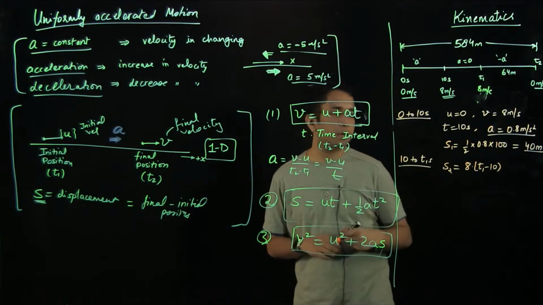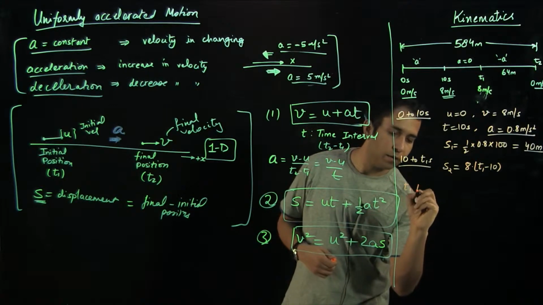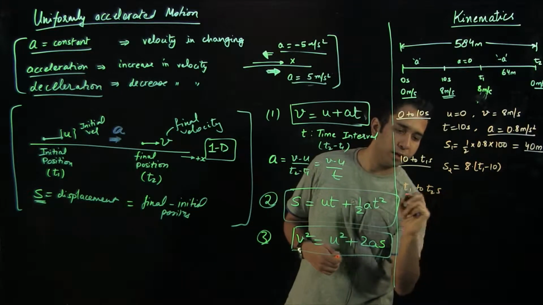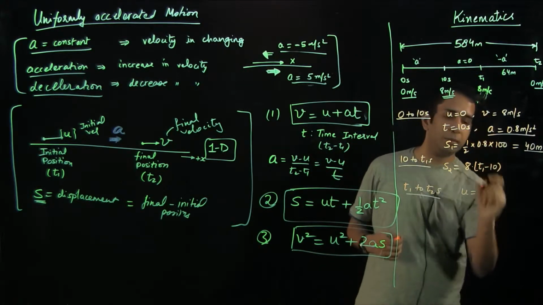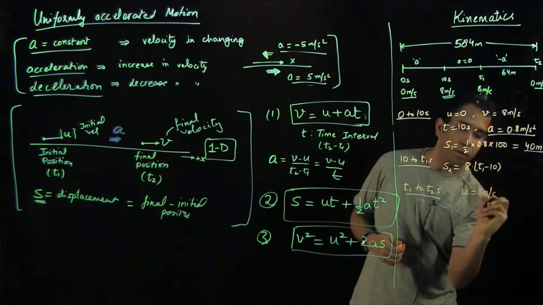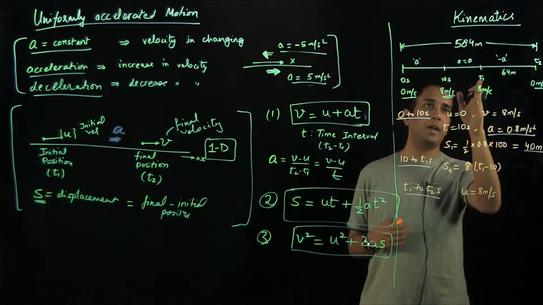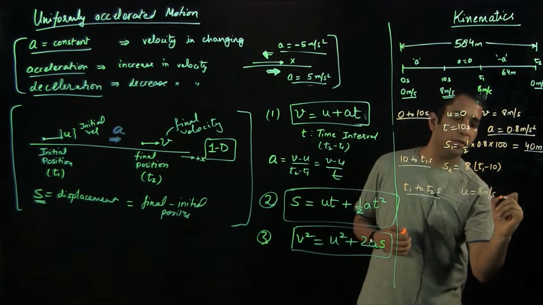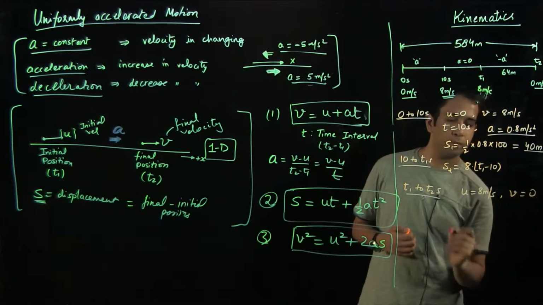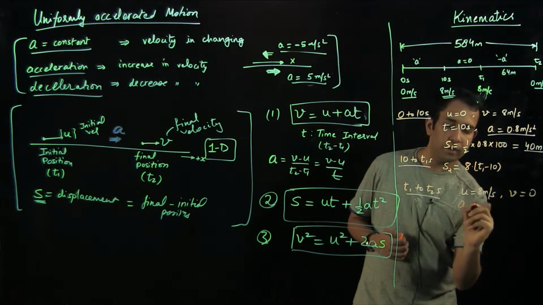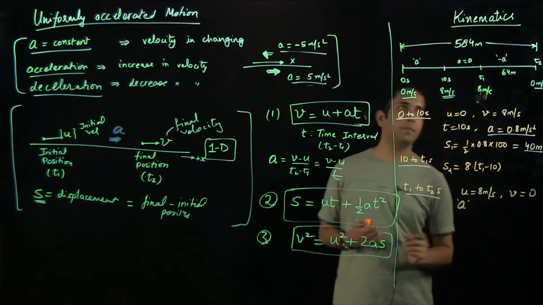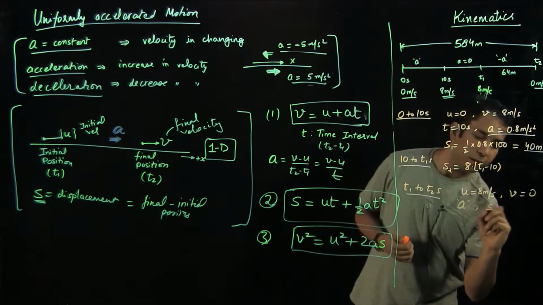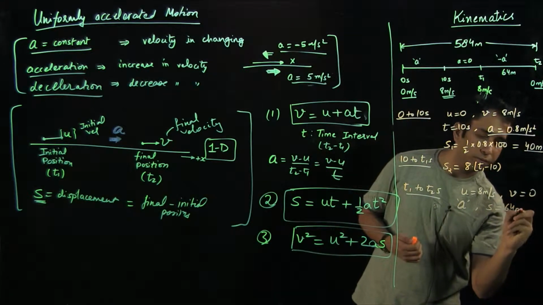Then in the third time interval, which is from t1 to t2 seconds, the initial velocity is 8 meter per second, because that's the velocity at the start of the time interval. The final velocity is 0. The acceleration, let us consider it as a, and the displacement is 64 meters.